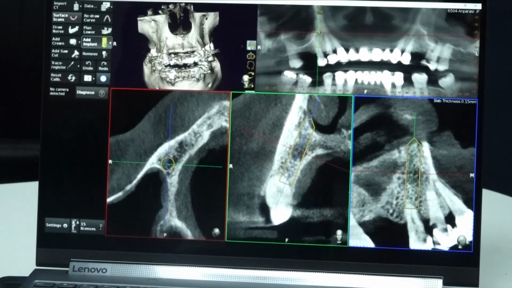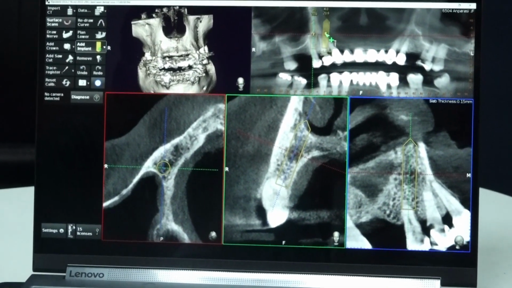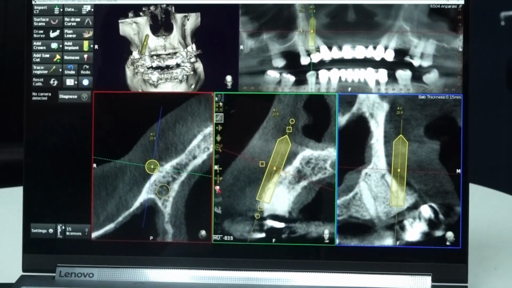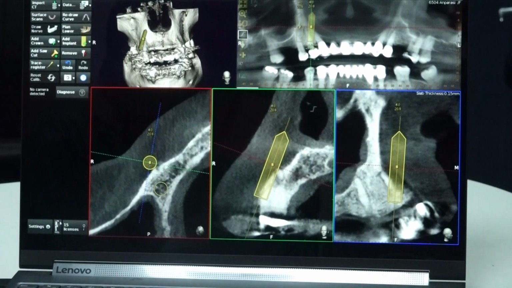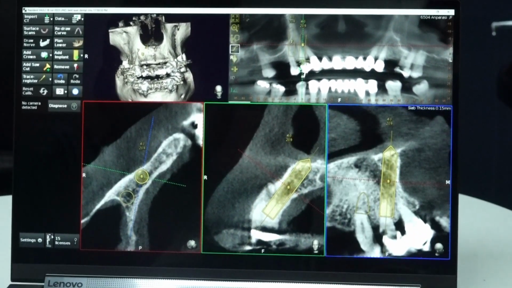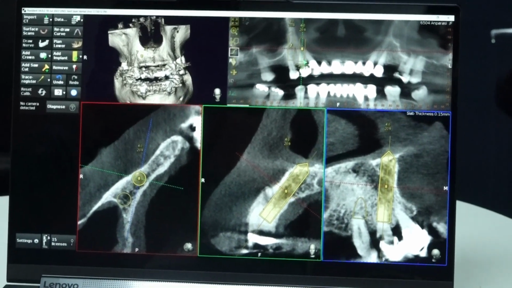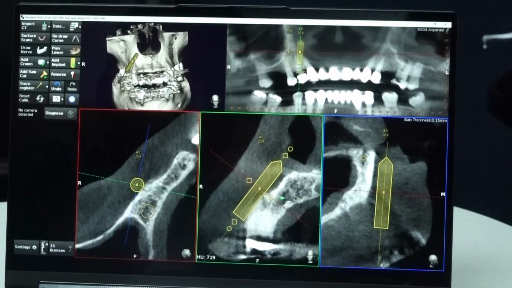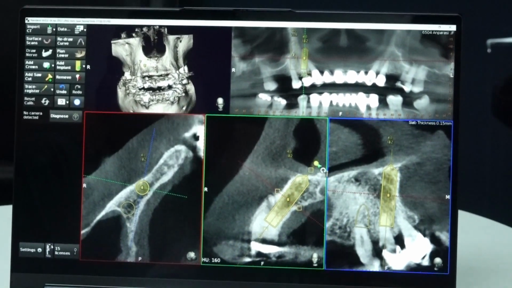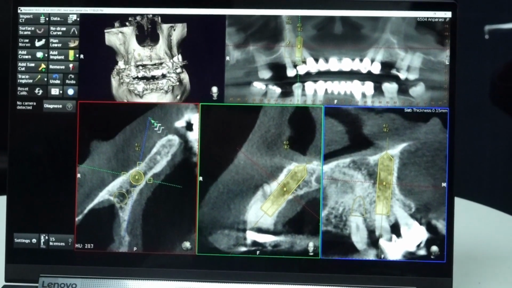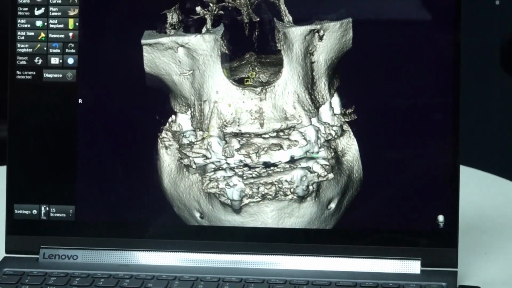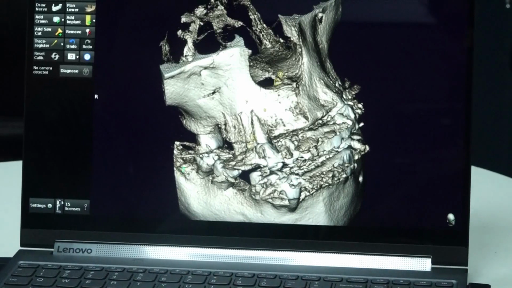Now we will place another implant in the second premolar area. First premolar, sorry, first premolar. The anatomy looks somewhat different here. Very sloping here, right? If you tilt, let me see.